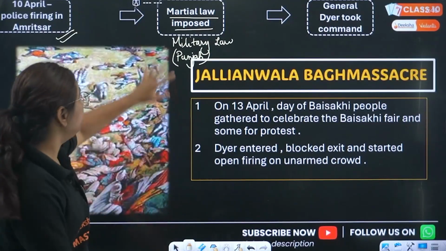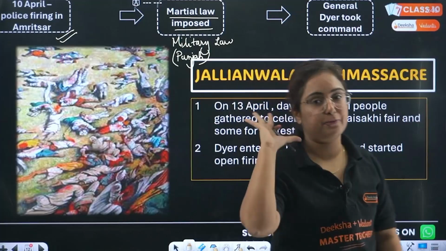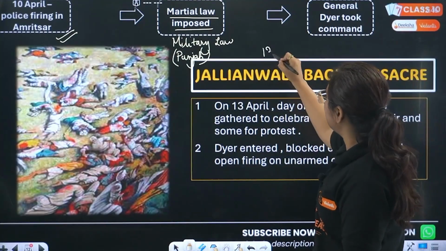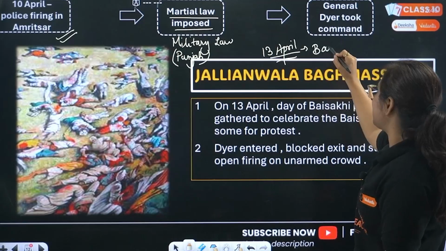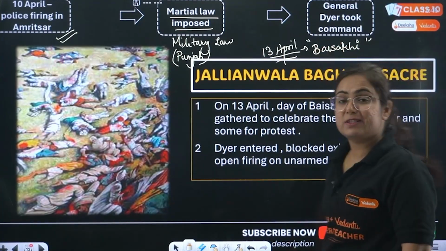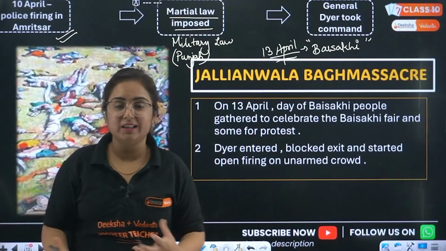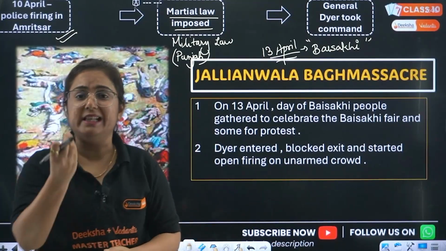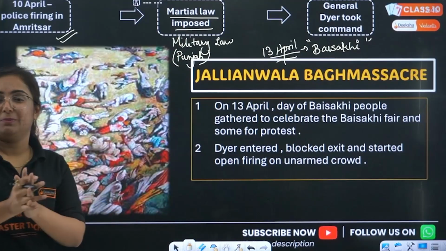Now, what happened when this martial law was imposed? On 13th of April, every year in Punjab, we celebrate the annual festival of Baisakhi. People gathered in a bagh, a garden, Jallianwala Bagh, to celebrate this annual fair.